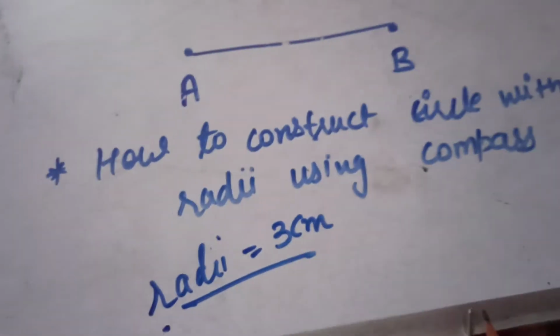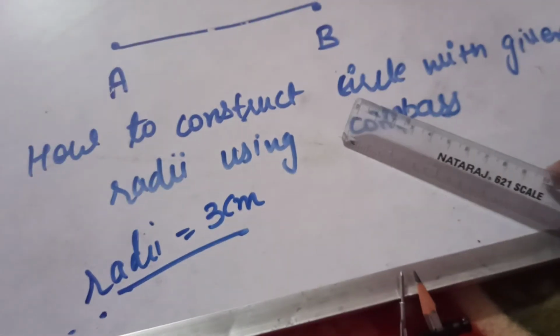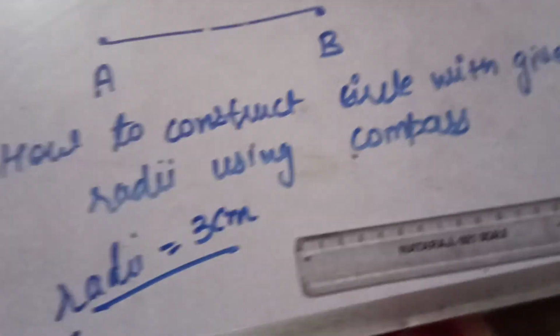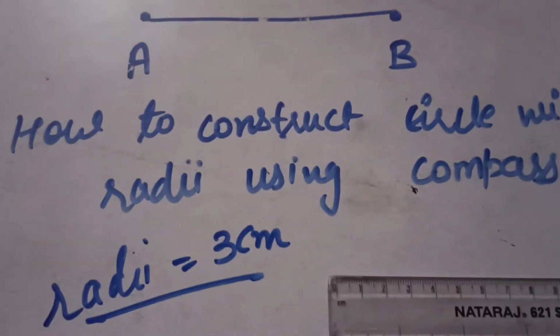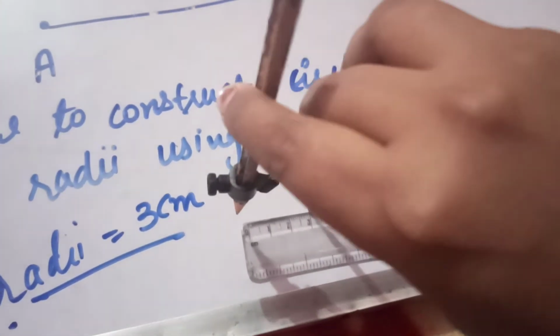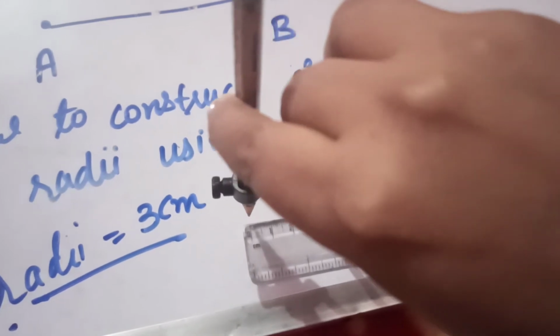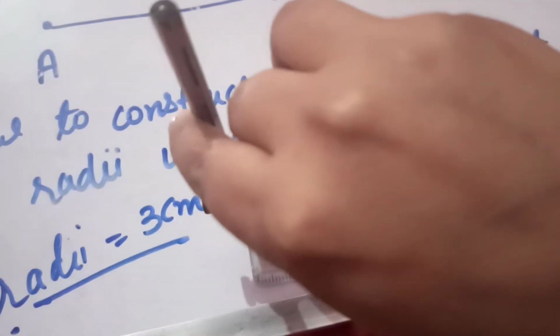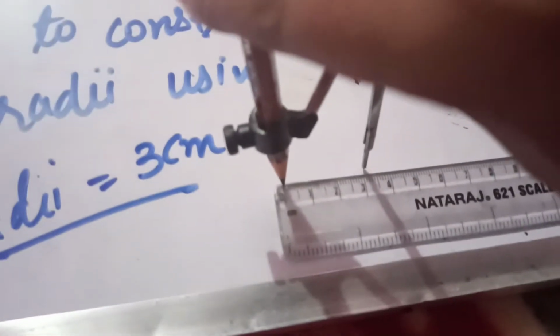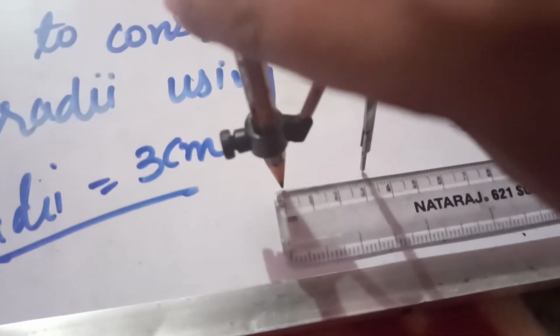Now how will you draw the circle? Put the scale, open the compass up to 3 centimeter, and see how you will open it. Put the tip on 3 and then see. Now it is equal to 3 centimeter, right?